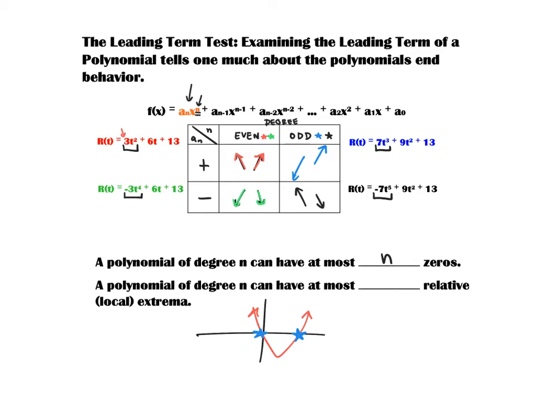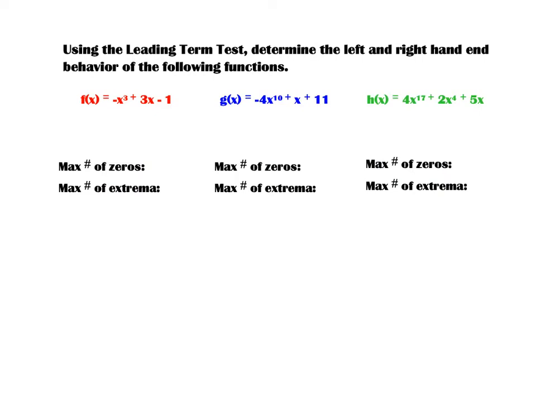Now a polynomial of degree n can have at most n minus 1 relative extrema. So it can have at most 1 extrema, 1 turning point, if you will. Okay, and that works for all polynomial functions of even or odd degree, right? At most n zeros and at most n minus 1 relative extrema. So let's get into that stuff a little bit more in the slides to come.